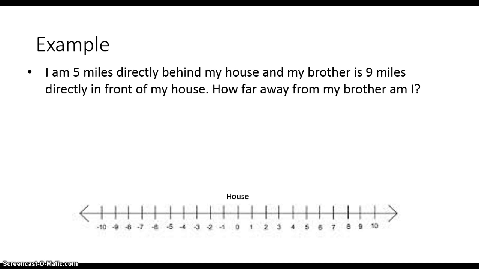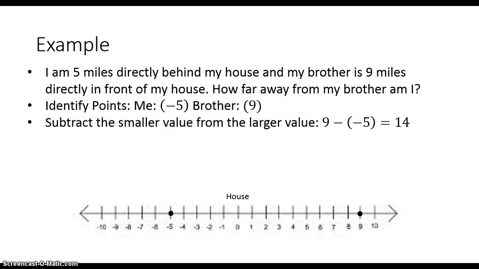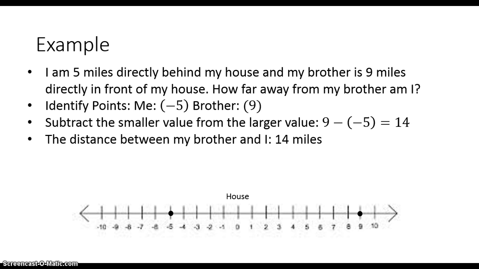So if I place the house at point 0, I can place myself at -5, so directly behind the house, -5, and my brother at 9 ahead of the house. So I place those points, and now I can subtract the smaller value from the larger value, subtract -5 from 9, and I get 14. So the result is 14 miles lie between my brother and I.